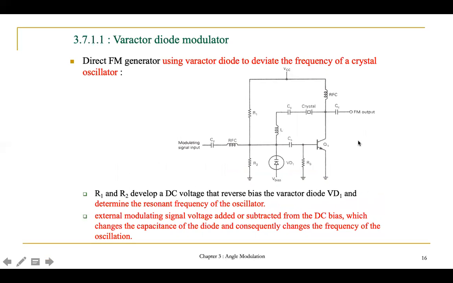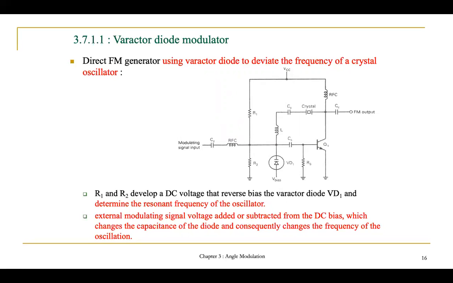R1 and R2 will develop a DC voltage which will reverse bias the varactor diode VD1. This is the varactor diode. After that, it will determine the resonant frequency for the oscillator.